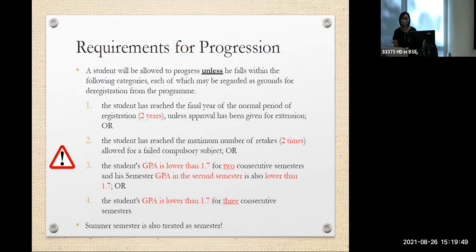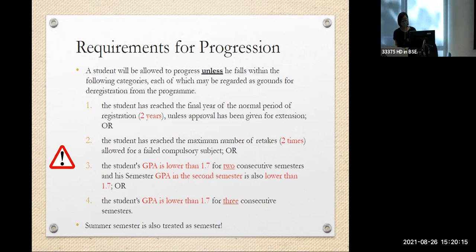Then next year, you retake thermal fluid, but still fail. And then 2 years later, you retake it once again, but still fail. So you have failed 2 times and no more chance will be given. So you have to be deregistered. Okay. So make sure that you can pass a subject.